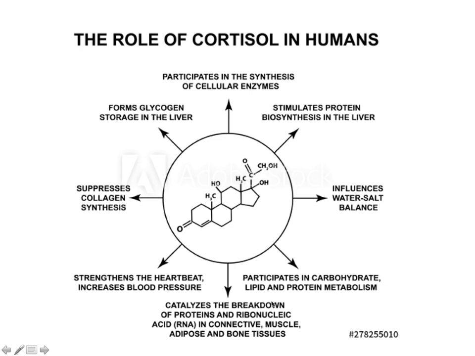It catalyzes the breakdown of proteins and ribonucleic acids, it strengthens the heartbeat, it increases blood pressure, it suppresses collagen synthesis, and it forms glycogen from the glucose in liver.